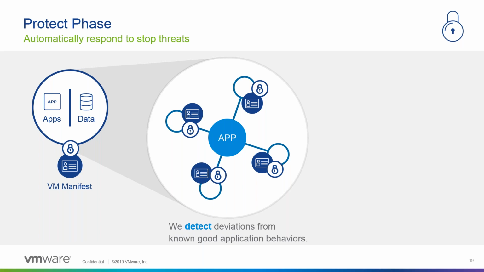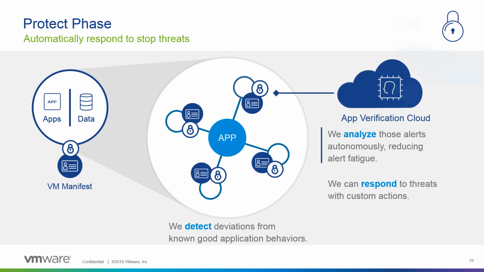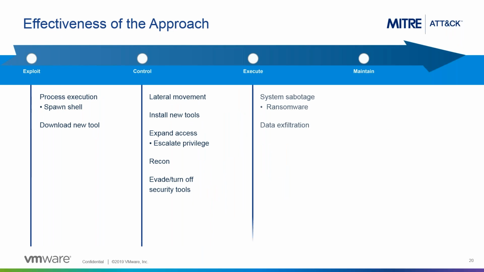So the App Verification Cloud can adjust the severity of that alert to low so that it's not popping up on a SecOps screen for someone to have to go and respond to. So that's how AppDefense works and what it is from a high level.